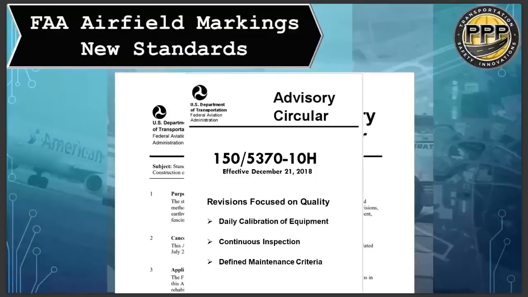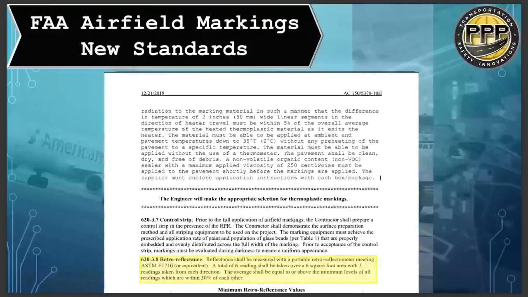You guys are probably familiar with the 5340, at least most of you. The 5370 is traditionally reserved for new construction projects. They have recently, again, added a bunch of quality-focused criteria into this document.